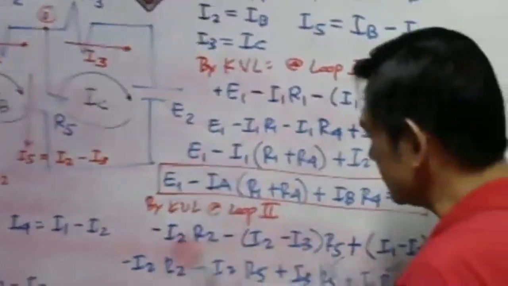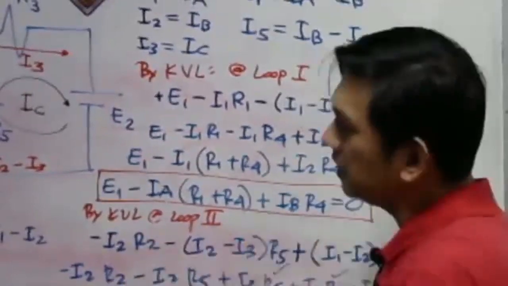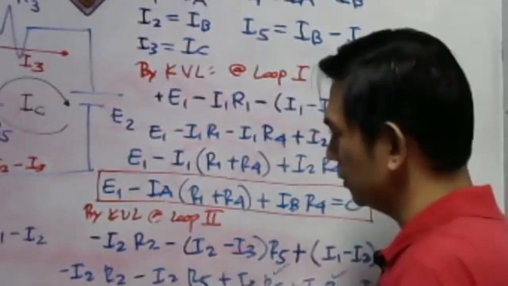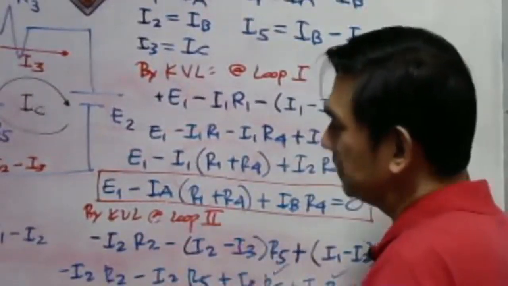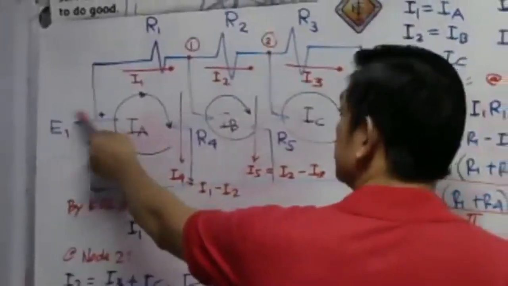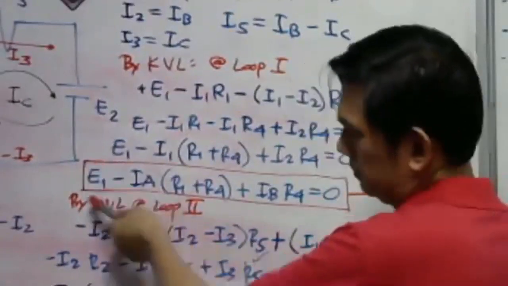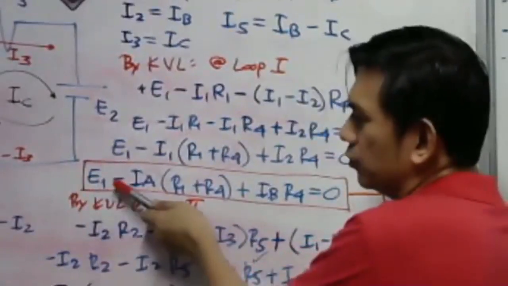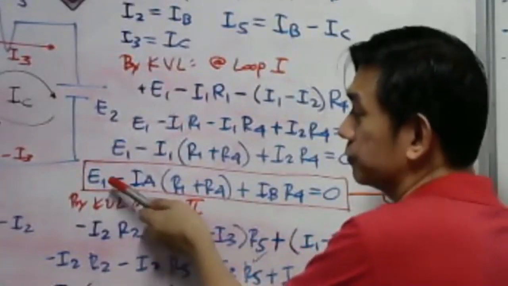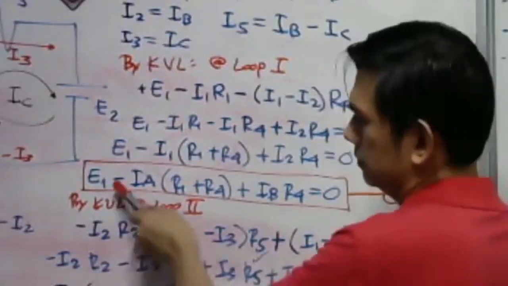It simply means that, just like in KVL, the Maxwell's mesh method simply means for the voltage, if the circulating current leaves on the positive terminal of the voltage source, then it is positive E. And then what you will do here is already subtract. As we see here, we have to subtract.